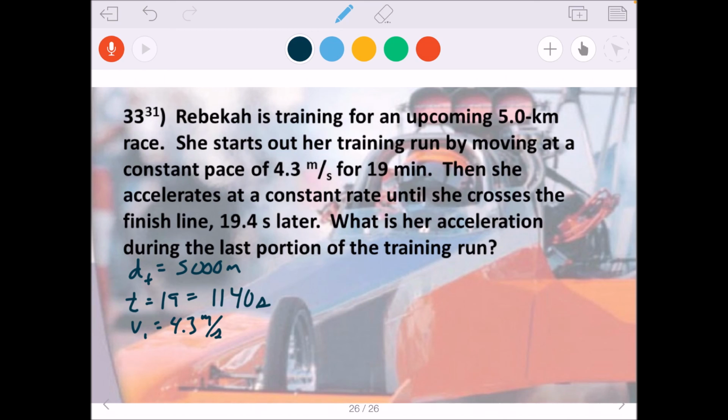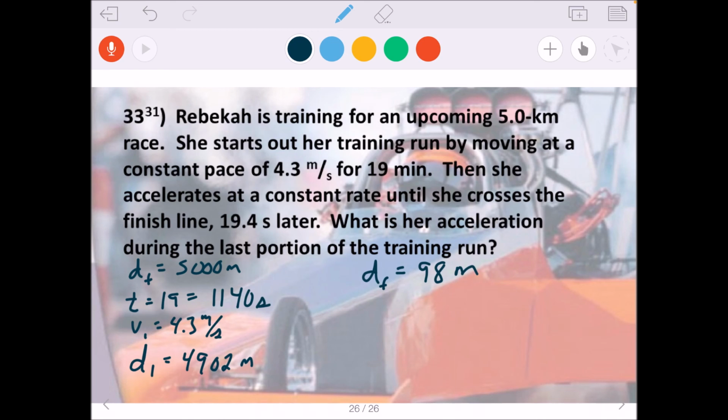If I take her time of 1,140 and multiply by her speed, that gives me a total distance of 4,902 meters. So that means her distance to finish the race is going to be the other 98 meters.